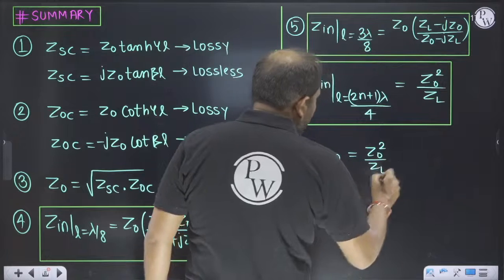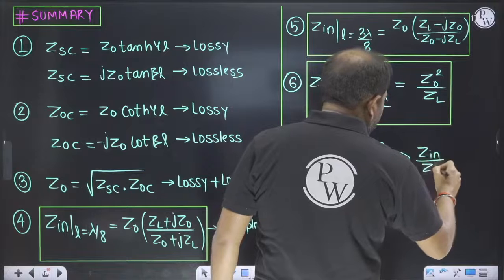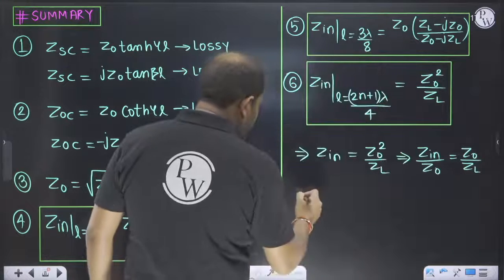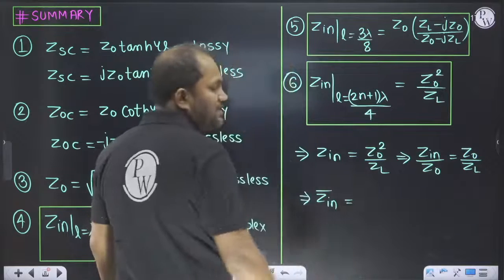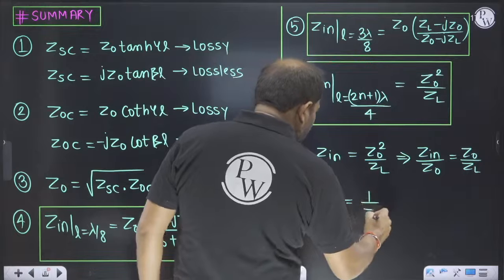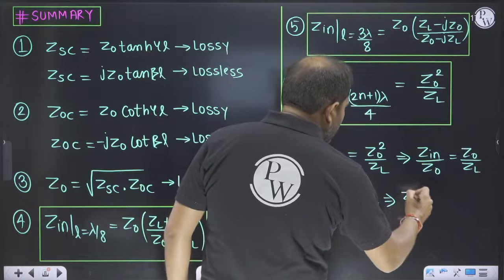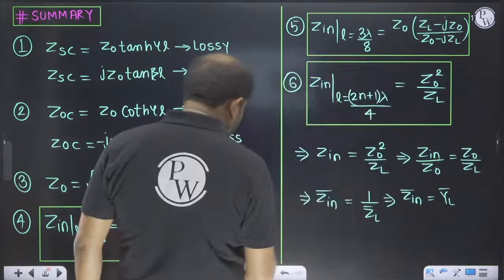If I take Zin by Z0, it is equal to Z0 by ZL. Zin by Z0 is Zin bar, the normalized input impedance, and Z0 by ZL is 1 by ZL bar, so Zin bar is equal to YL bar.